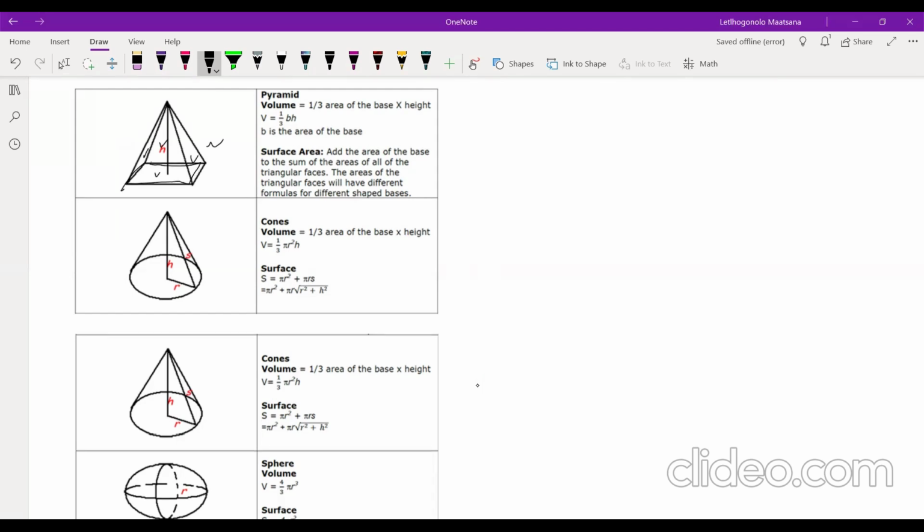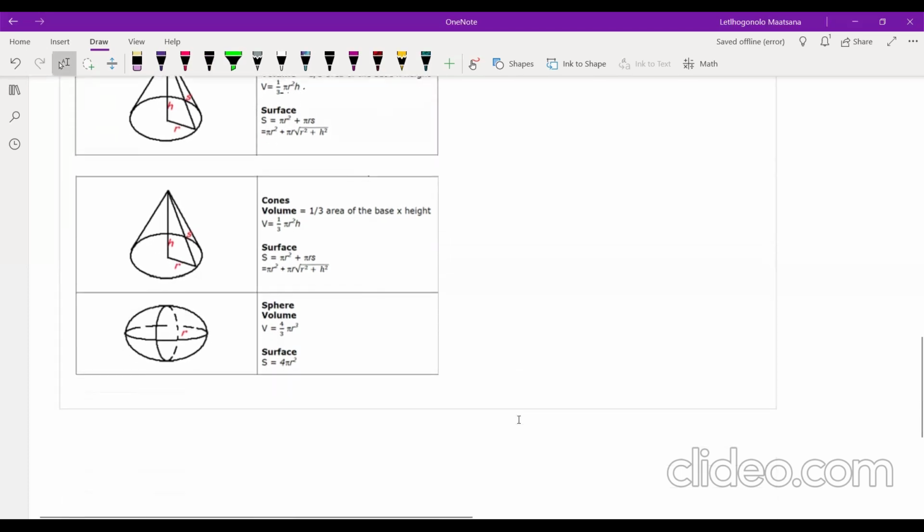We already know how to calculate the areas of those, and we will multiply with the perpendicular height. For our cone, the volume would be one third pi r squared multiplied by the height. For our surface area, we will say the surface area around the cone plus the surface area of the circle.